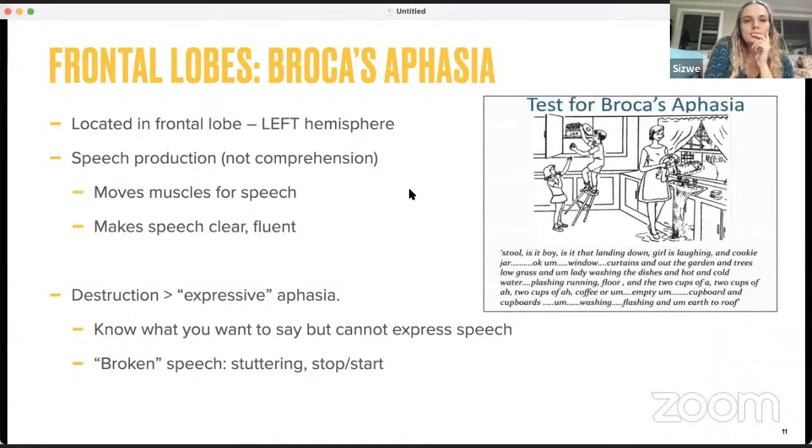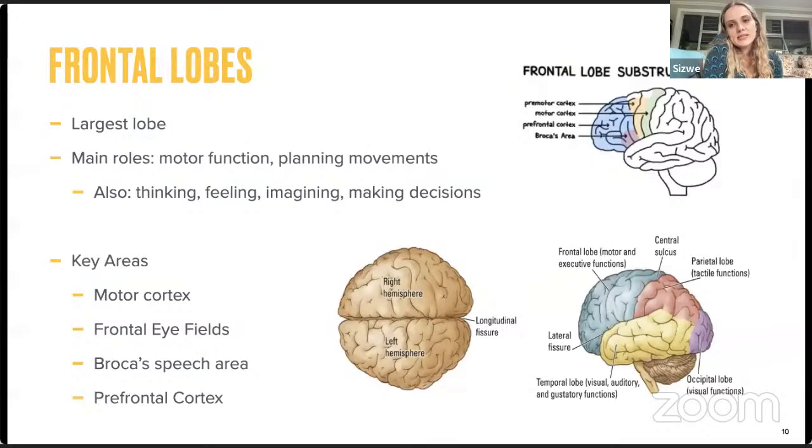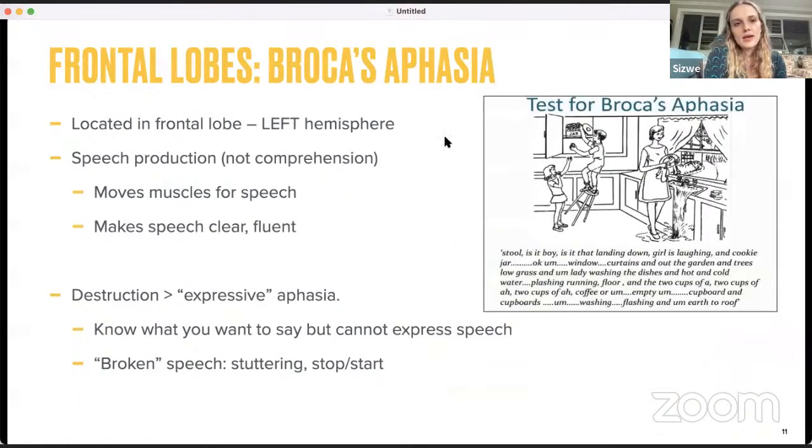Okay. Frontal lobes. Now, we've just been speaking about this, and remember, we said there's Broca's area. It's over here, looking at the bottom of the frontal lobe. It's on the left hemisphere, so on the left side of the brain, over here-ish. It's involved in speech production, not comprehension.